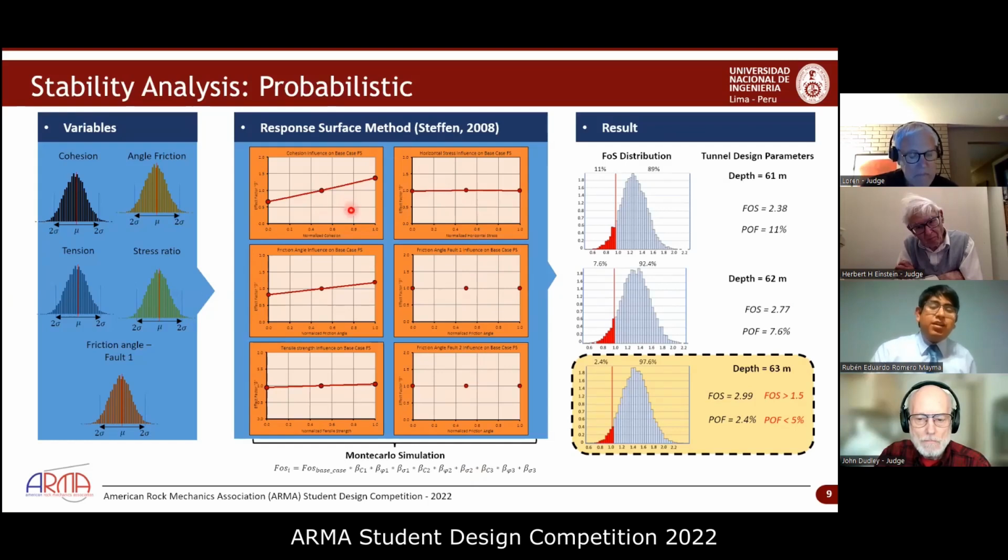And in this case, as we can see, principally the parameters that have a curved line with some slope have a good influence, such as the cohesion and the friction angle, and the others that are horizontal lines have a minimum effect, or the effect is not significant, on the calculation of the factor of safety or the probability of failure, maybe. Yeah, but that doesn't answer my question. How realistic is this?